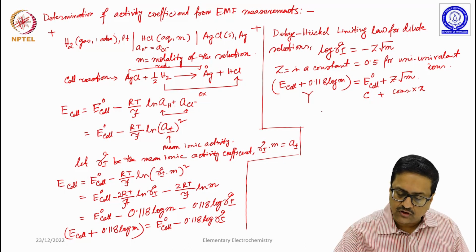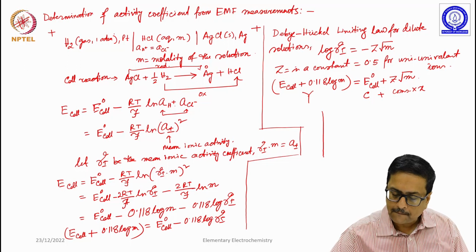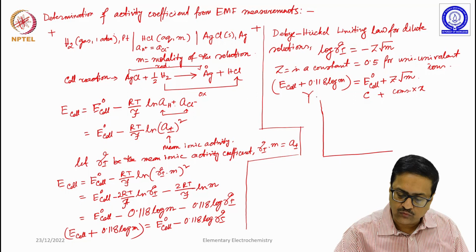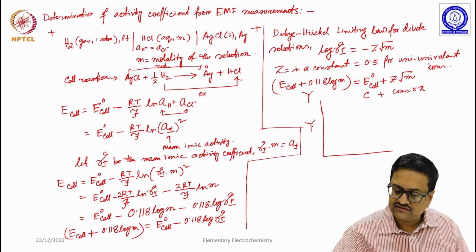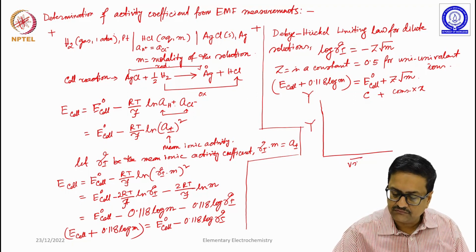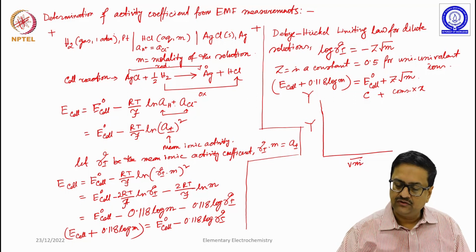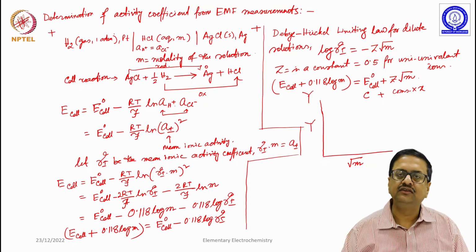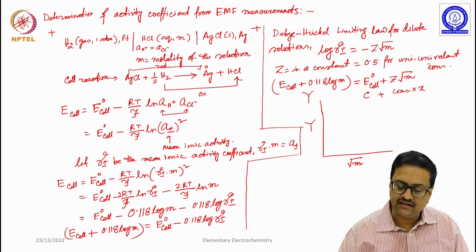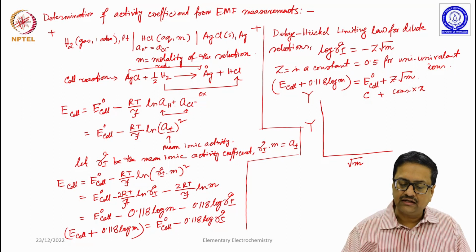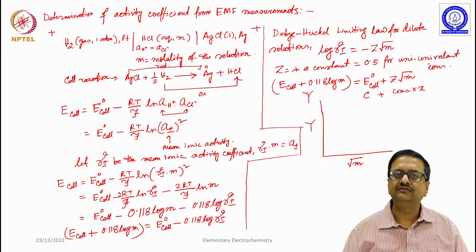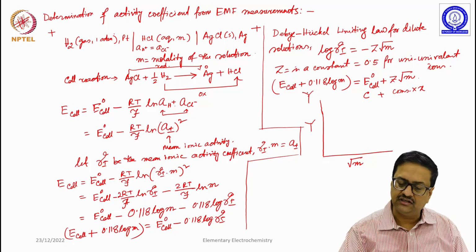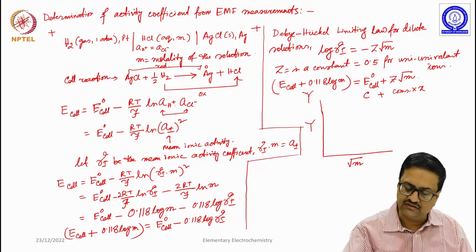So when we try to plot this y versus x, which is square root of m, with varying concentration, the molality, of that HCl solution, one can determine the value of y using a potentiometer, that is the total potential coming in the potentiometer for this particular cell.